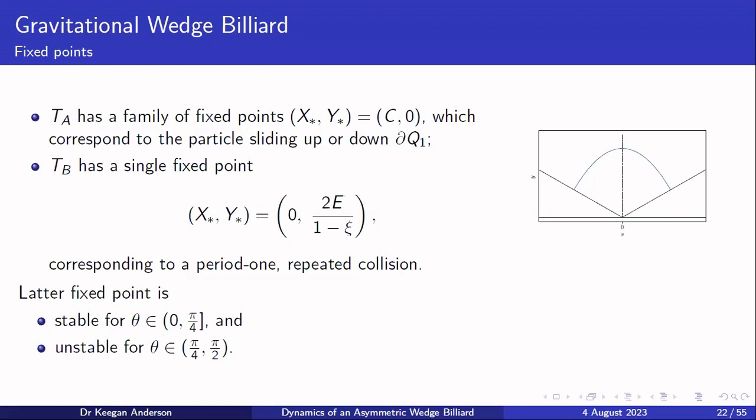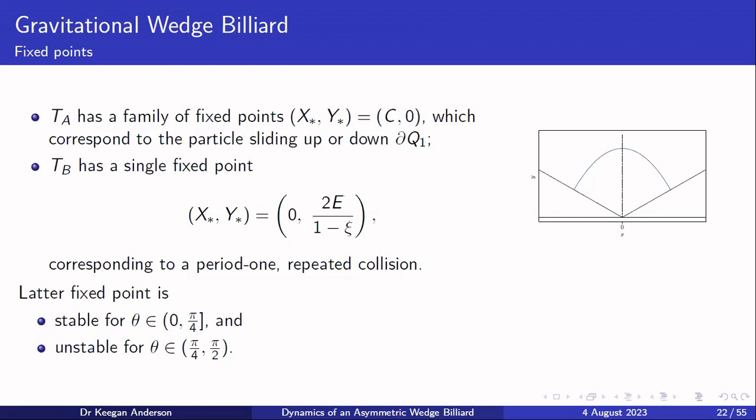But for the collision map with the opposite wall, you get the equation which is illustrated in the middle of the slide. And on the right, I've given a graphical representation of this. And it just corresponds to the particle bouncing between the two walls with the same trajectory without any changes to it.